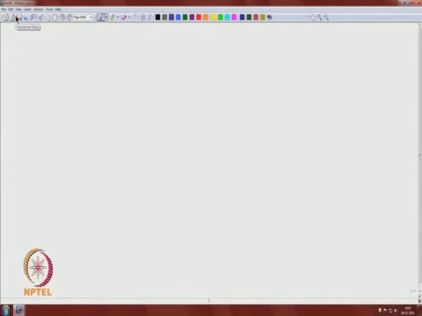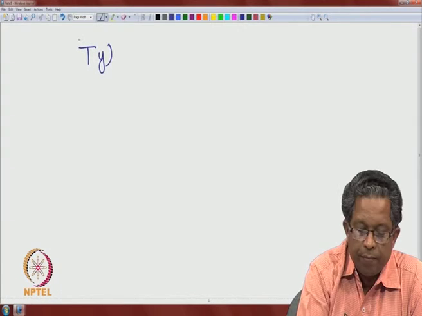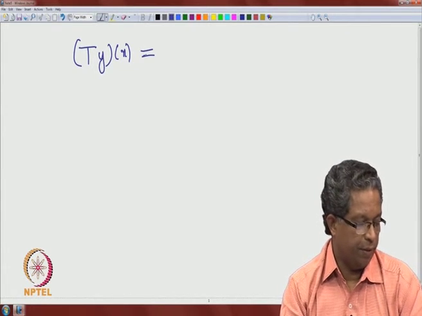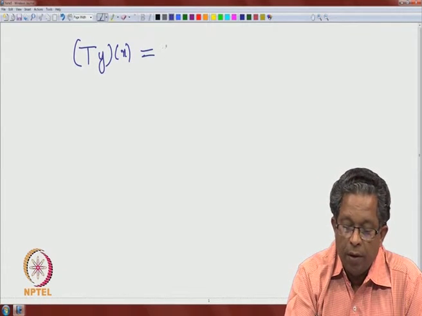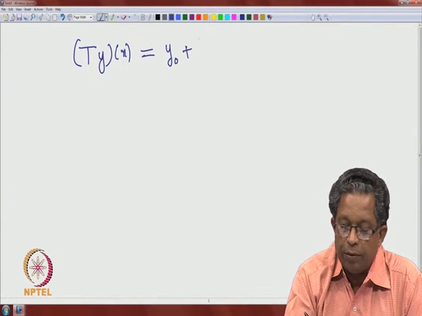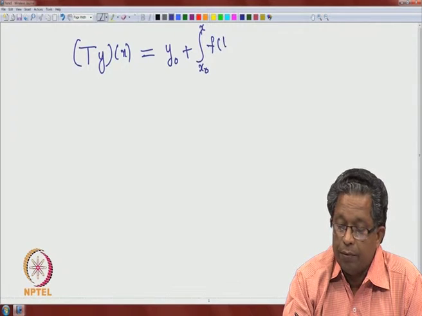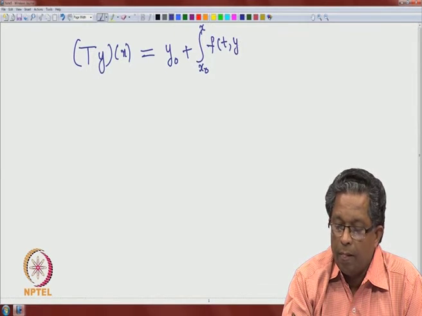So, let us define. By definition, T(y)(x) is y0 plus integral x0 to x of f(t, y(t)) dt.